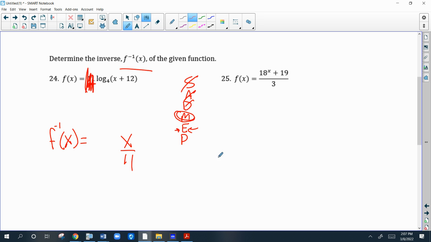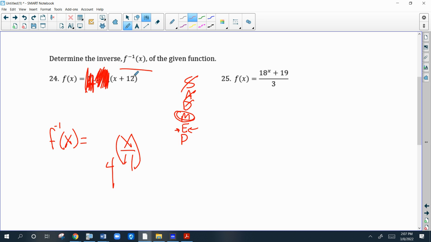Now you have to get rid of the exponent or the log. Well, it's log base 4, so its inverse to get rid of it is the exponent with base 4, or 4 to a power. So you just take that base 4 and you change it to an exponent as part of the inverse. So this x over 11 is now the exponent of the 4, because that's the inverse of log base 4, and we just got rid of that.